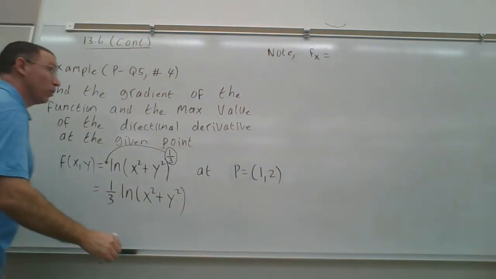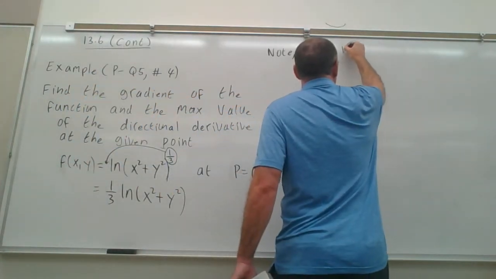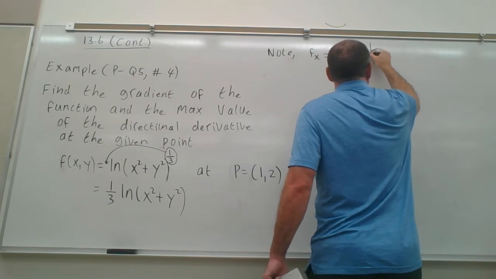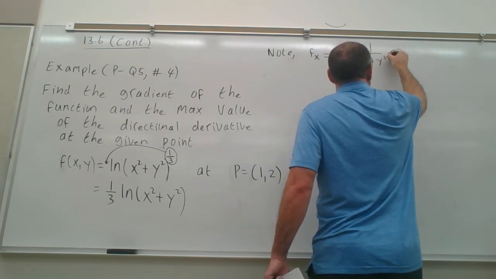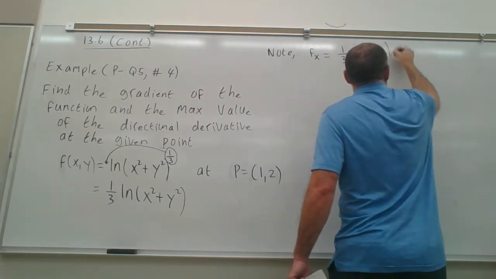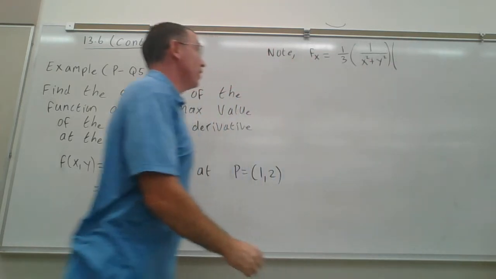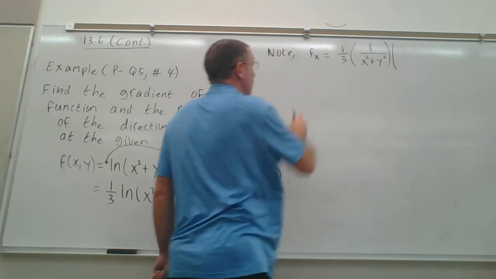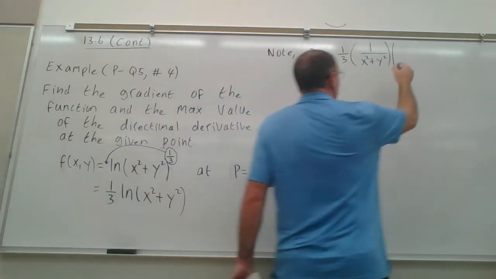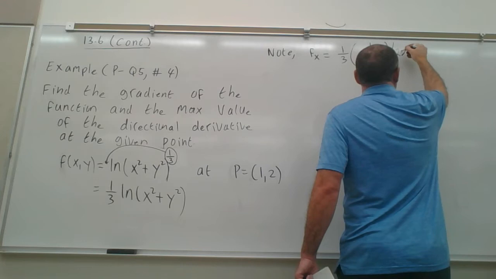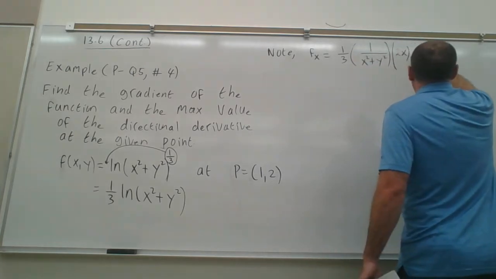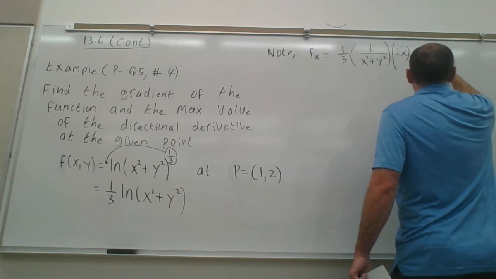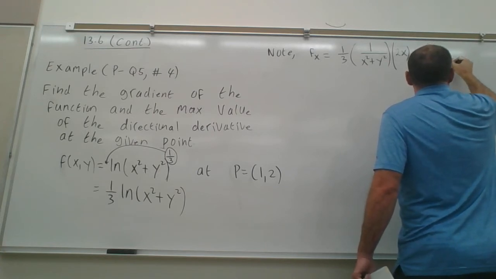The 1/3 and derivative of ln will be 1 over x squared plus y squared. Multiply by derivative of x squared plus y squared with respect to x. So with respect to x, it'll be just 2x. This then you could write as 2x over 3(x squared plus y squared).